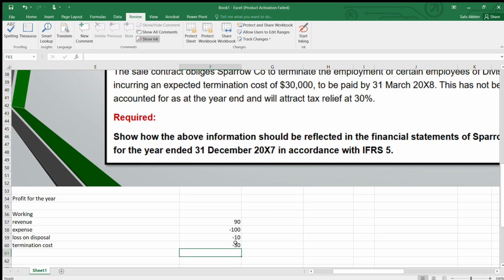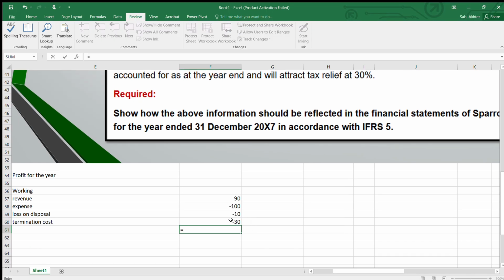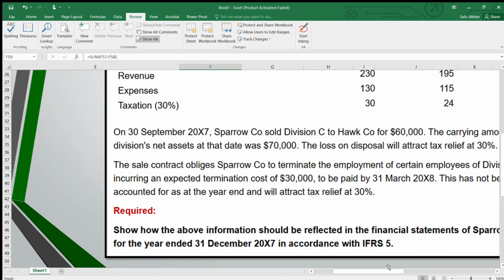Now we are going to get the overall result. This loss on disposal is not the sum of this. This loss on disposal arises from here. Coincidentally, both are the same.